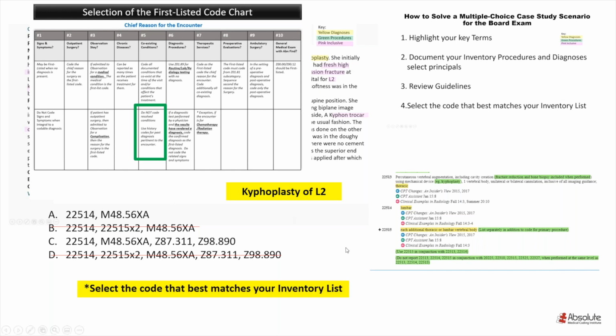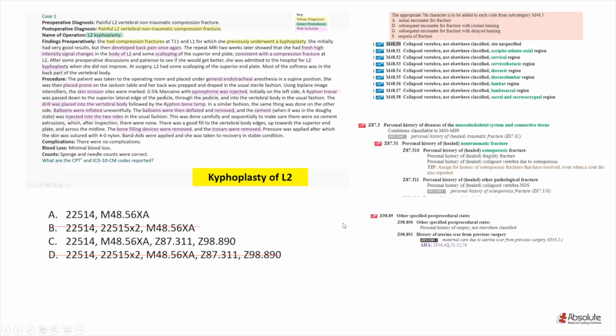I also want to draw your attention to what we have to do. We're going to code for kyphoplasty of L2. That's only one segment, just to remind you. Our goal is to choose the best answer, selecting the code that best matches your inventory list. So now let's get going with our codes.